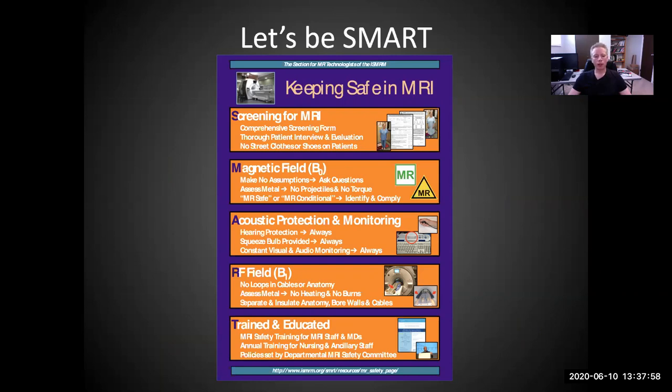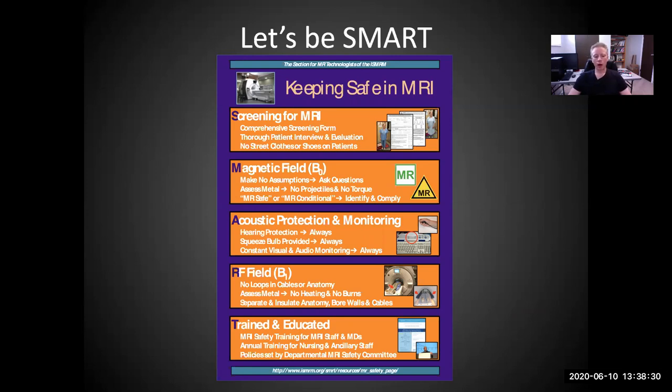And I'll be talking about the risks associated with the main magnetic field, also called B0, and that's M. And we also need to be sure that we're aware of the acoustic safety issues, in other words, audio, and also that they're able to hear us throughout the exam and that we can receive any signals that they give to us that they may be experiencing some issues.